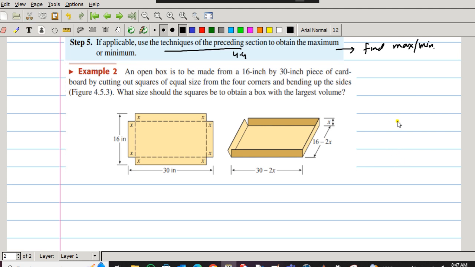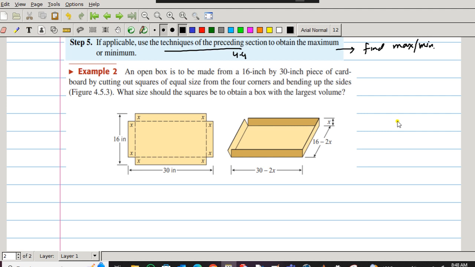So let's read the question. An open box is to be made by cutting out squares from each corner. Let's say you have a page and you cut out a corner, same corner size, right? Let's say this is a sheet and you cut a corner from here, a corner from here, same, and bend it. It will give you a height.